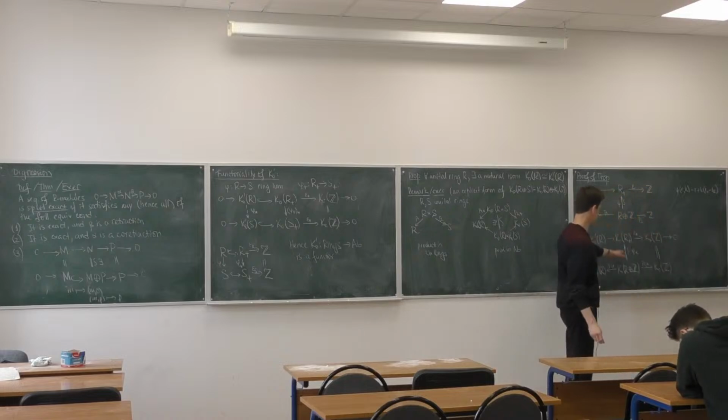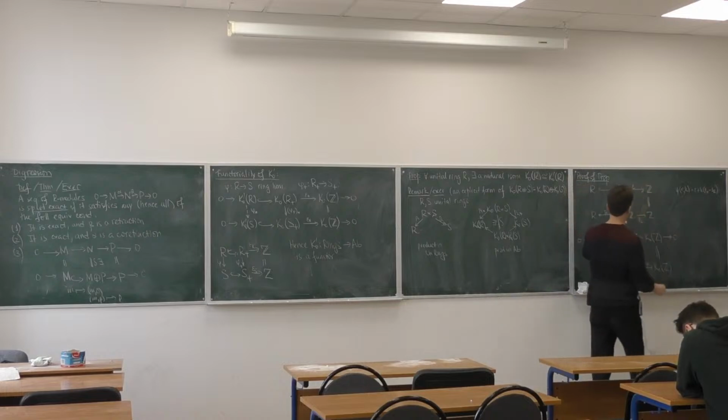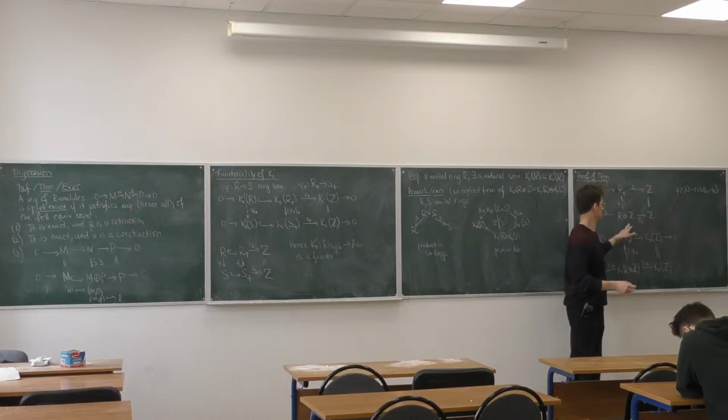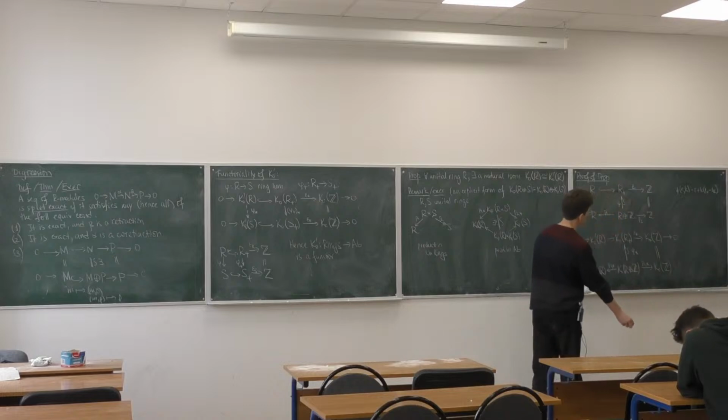It's more or less immediate from the construction that this diagram commutes, just by the construction of psi. This diagram commutes in the category of unital rings. So this diagram is also commutative because it is obtained by applying a functor.